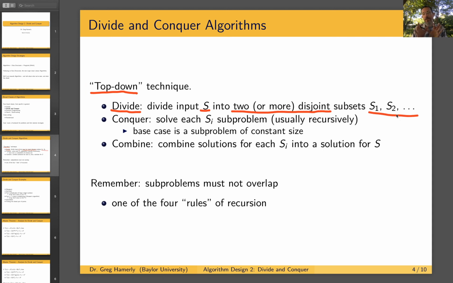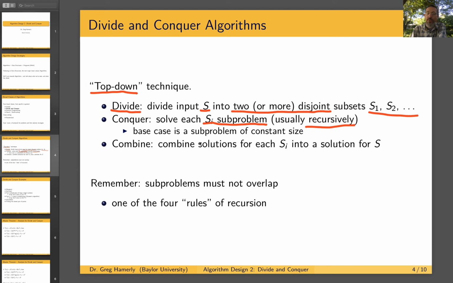So we might divide the problem in half or into thirds or something like that. And then the conquer part is to solve each of those subproblems. And usually, though not always, this is recursive. We could replace that recursion with a stack, but oftentimes the most natural formulation of this is recursion.